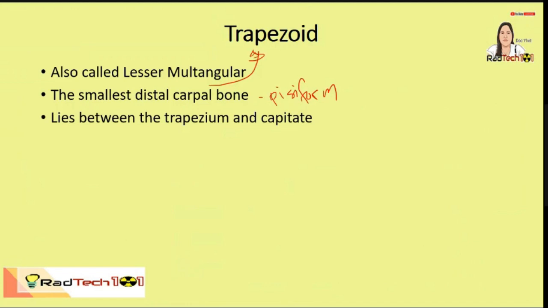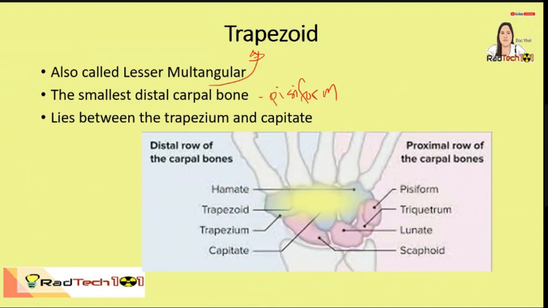So it is placed between the trapezium and the capitate. Okay, so we have here the trapezoid. So, a greater multangular ang trapezium dahil malaki siya compared sa trapezoid. Trapezoid is the smaller or lesser multangular. So, it is placed between the trapezium and the capitate. Ito, napapagitnaan siya ng trapezium and ng capitate. The smallest distal carpal bone.